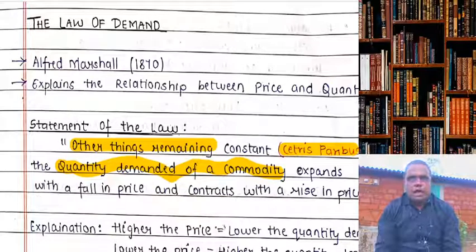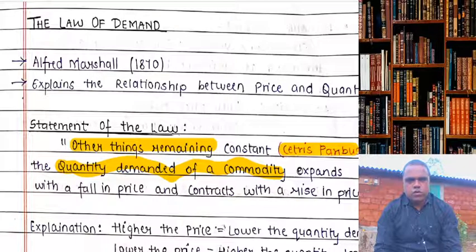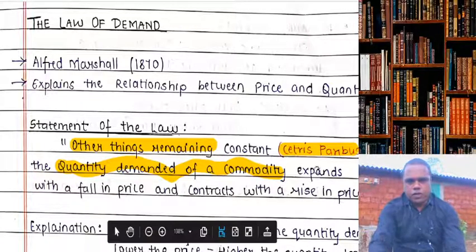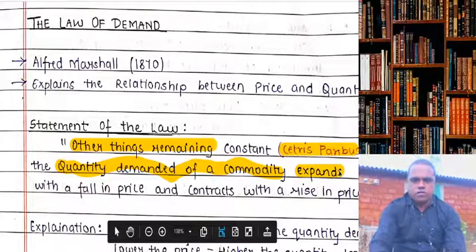But we also have two synonyms for the same concepts, called expands and contracts. So here we are not going to use the words increase and decrease. We are going to use the words expands and contracts. So the quantity demanded of a commodity expands.